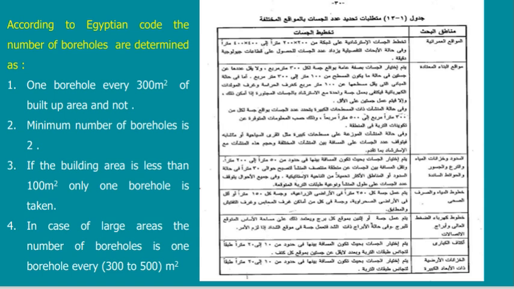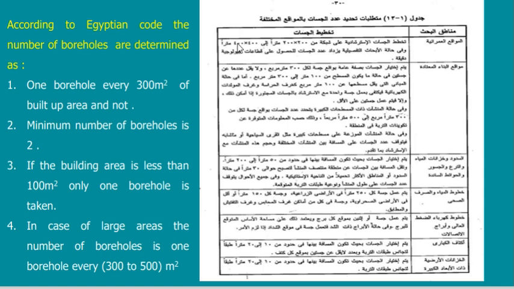This is the Egyptian code. The Egyptian code has given us this table. This is a translation of what we need from this table so far. It says that if you are exploring an area, it's not a construction stage, just for exploration, you can take one borehole every 200 by 200 meters to 400 by 400 meters.